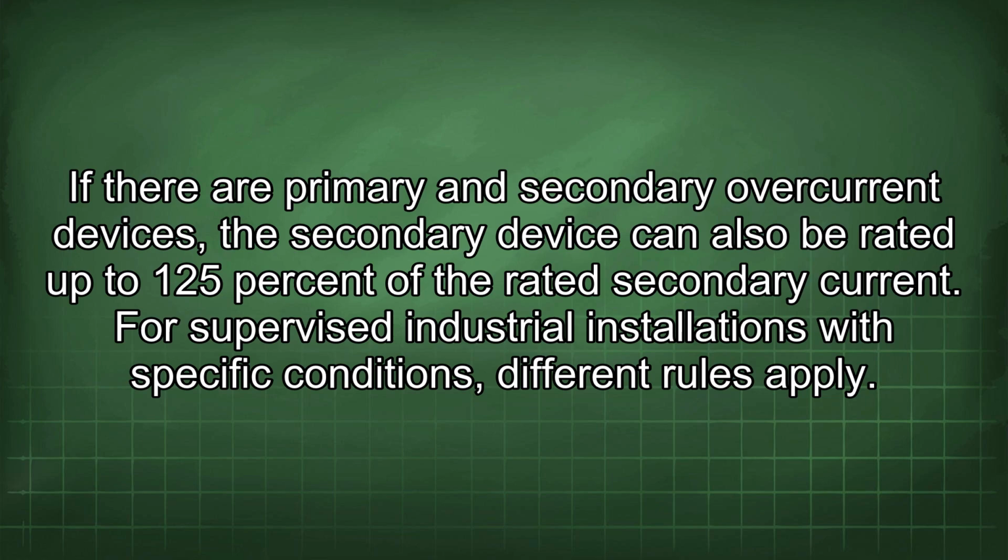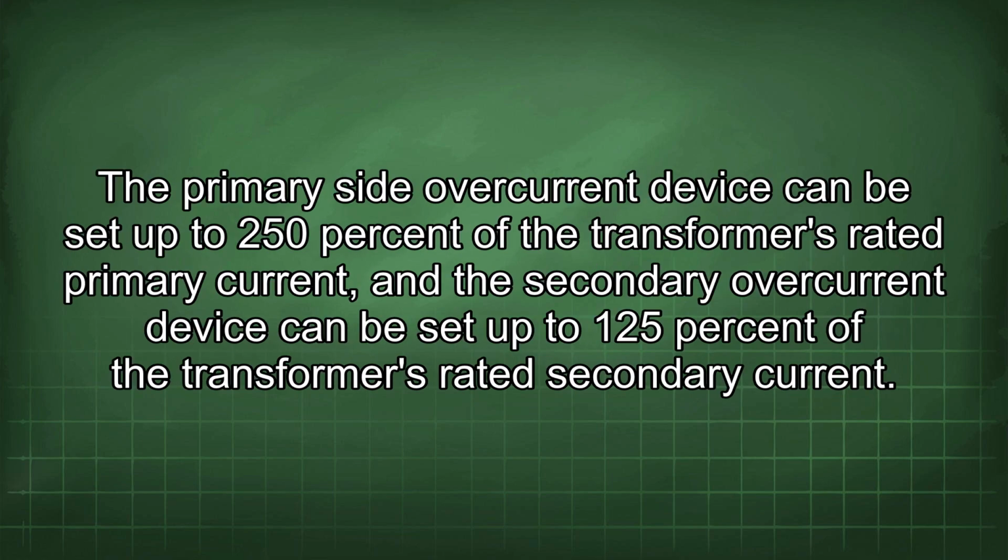For supervised industrial installations with specific conditions, different rules apply. The primary side overcurrent device can be set up to 250% of the transformer's rated primary current, and the secondary overcurrent device can be set up to 125% of the transformer's rated secondary current.